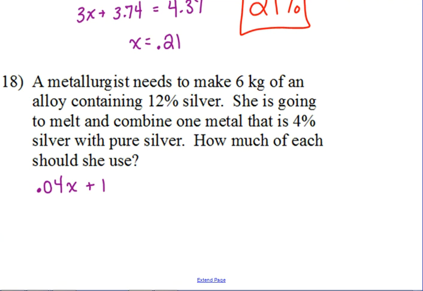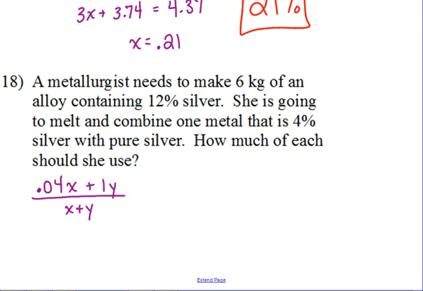We don't know how much, but we can't use X, because X was how much of the 4% we were using. We're probably not going to use the same amounts, so we need a different variable. So that's why, over total. Well, X plus Y.